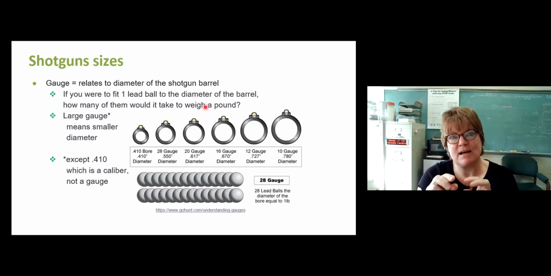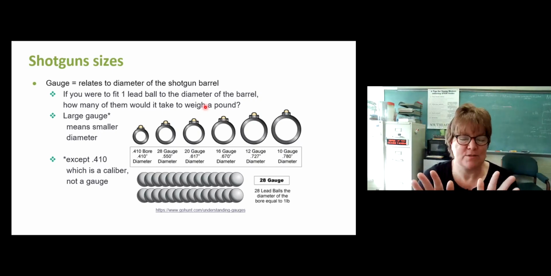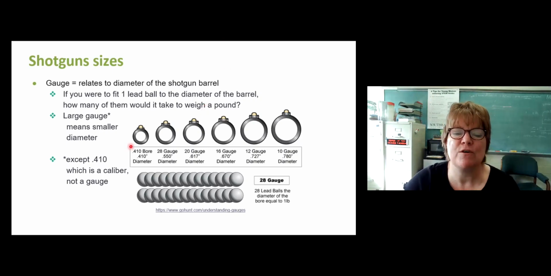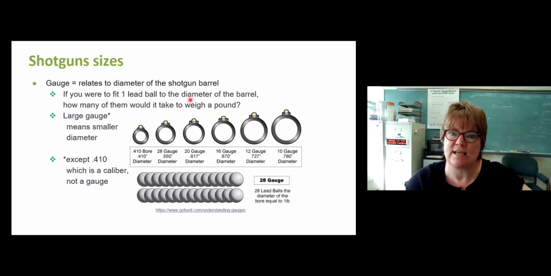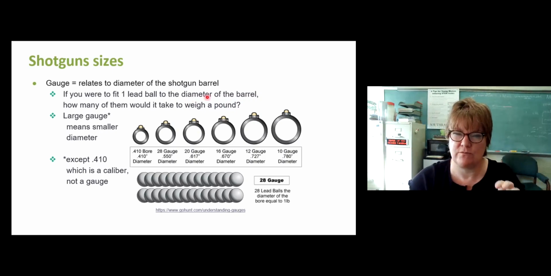It's a very bizarre kind of thing. If you were to fit one lead ball the diameter of the barrel, how many would it take to weigh a pound? That's the sort of thinking on it. It's too hard to figure out, it's just easier to memorize.